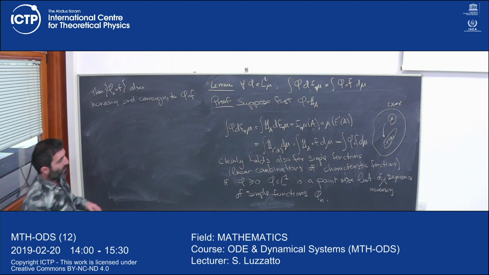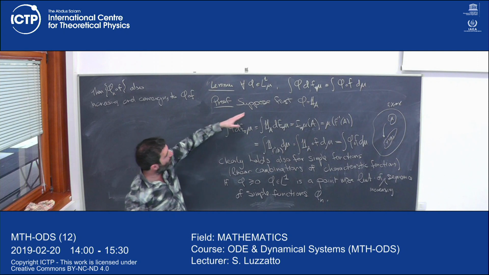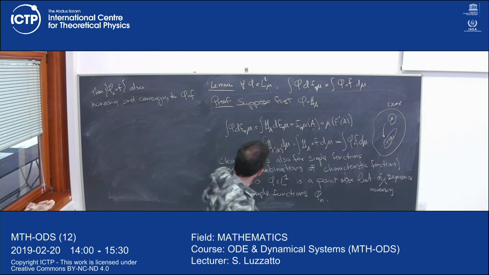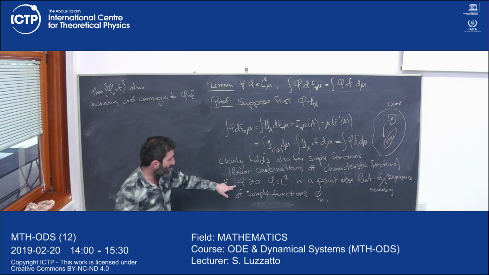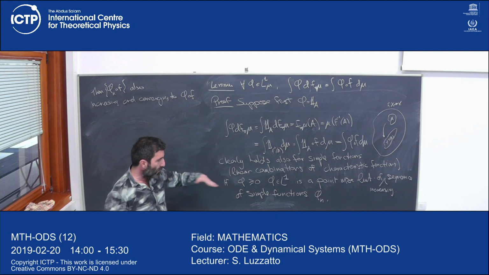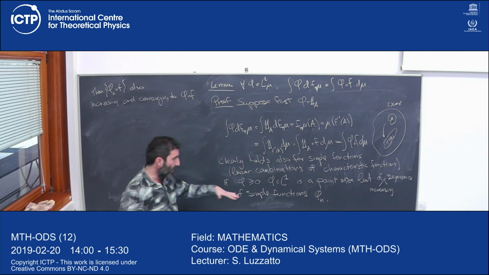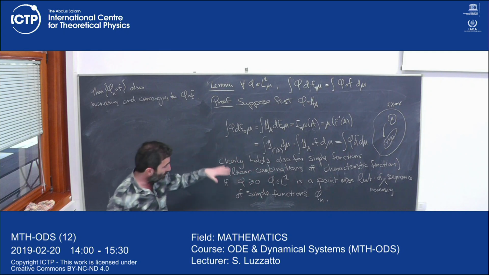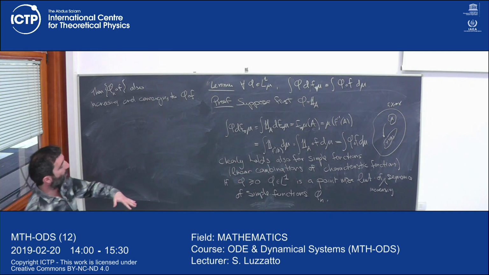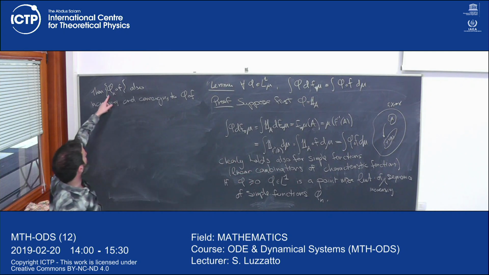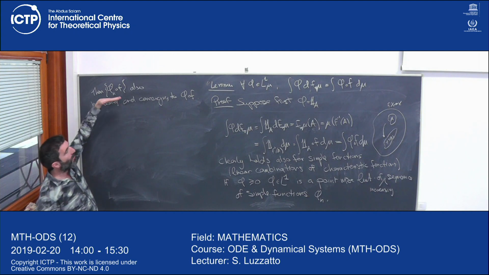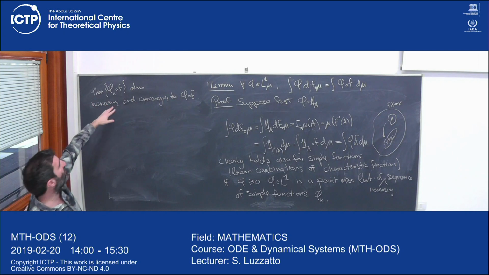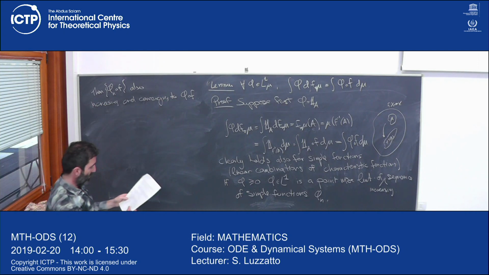Okay, so this is the key point. This is the way we approximate both phi and phi composed with f. So suppose first that phi is greater than or equal to 0, then you can take it as a pointwise limit of simple functions for which we have this, right? And then it's easy to see that this is also an increasing sequence of simple functions that converges to phi composed with f.